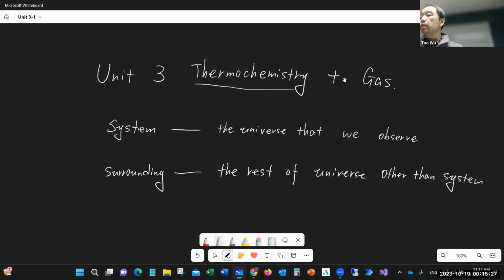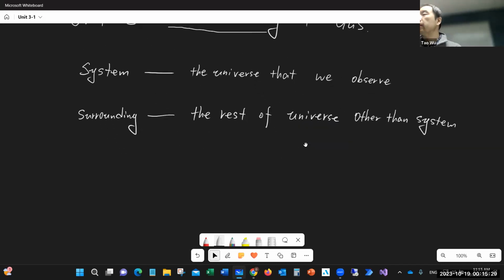So that's the difference between system and surroundings. In other words, system and surroundings are coupled together. If we have a pie, and one part is the system, then the rest of it is called the surroundings.